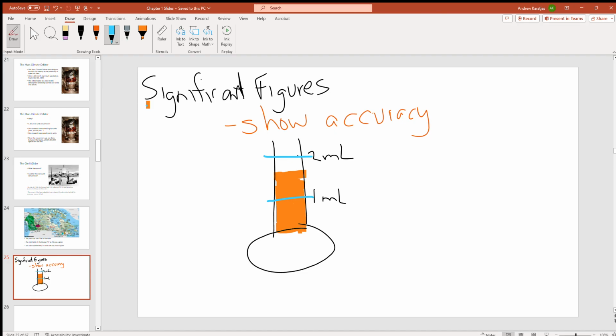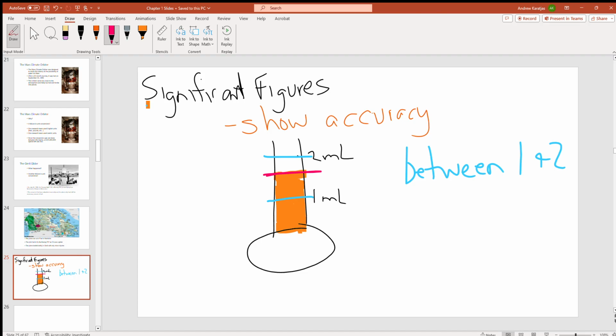So as we said, our measurement is limited by the accuracy of the device that we're using. So we know this is going to be between 1 and 2. And if we look carefully, we can see that the liquid there is definitely more than halfway.